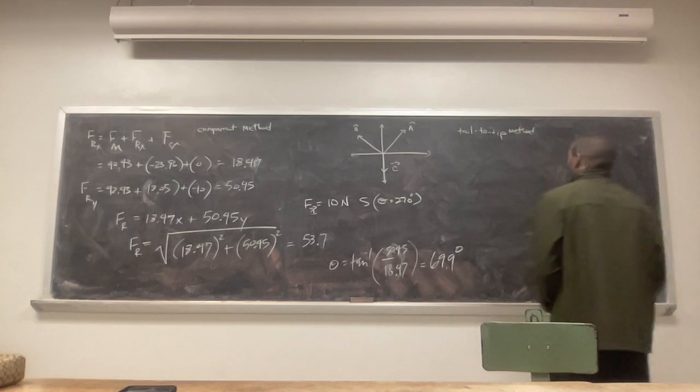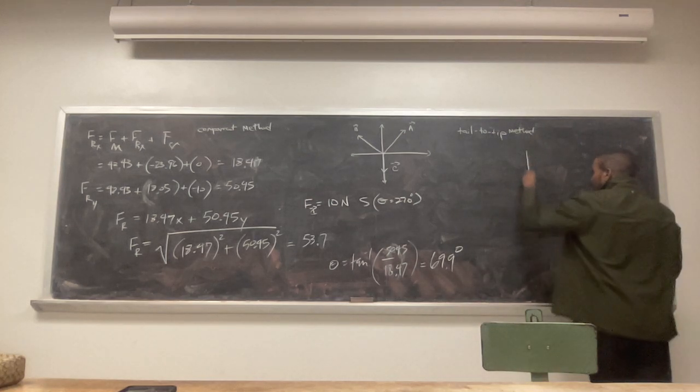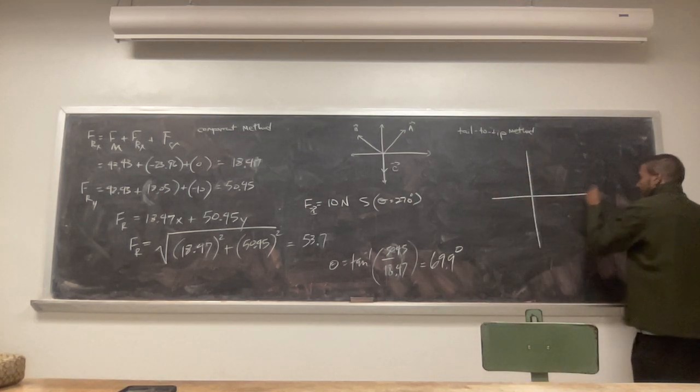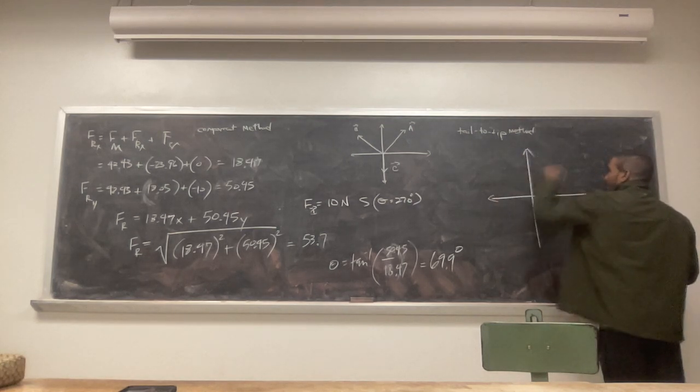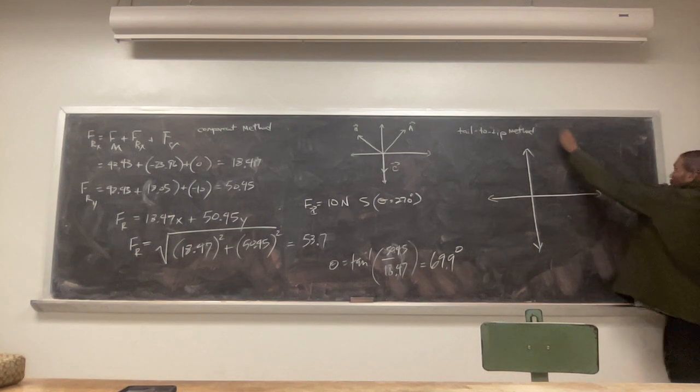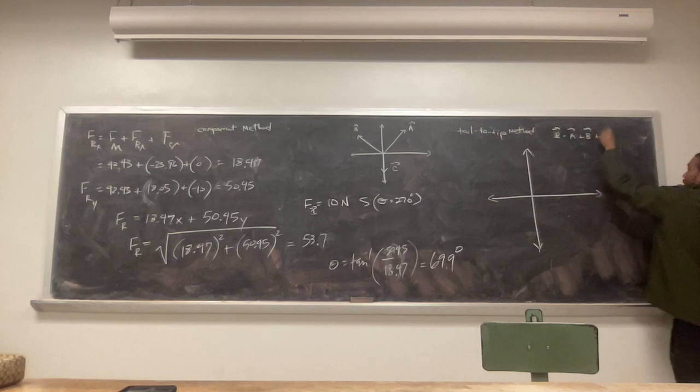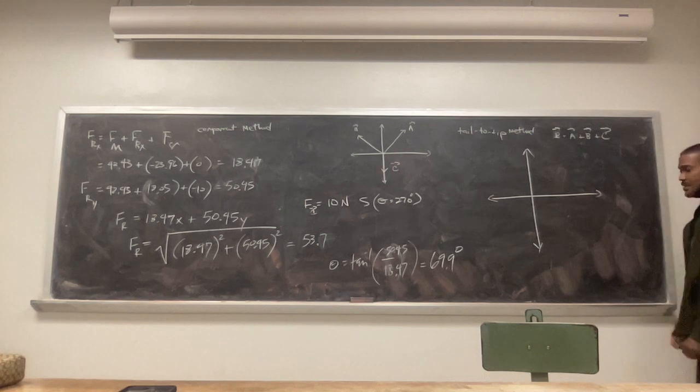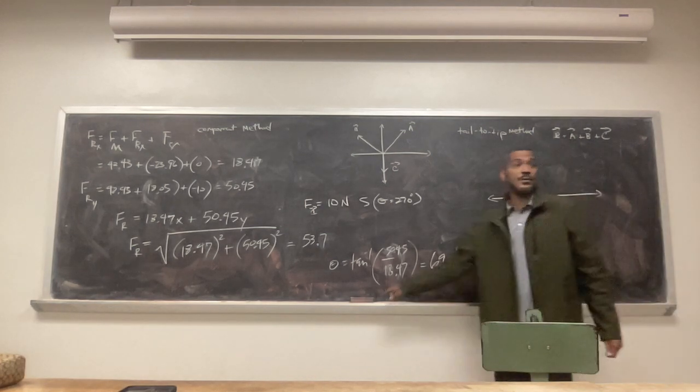So I'm going to redraw my coordinate system here. And we said our resultant vector, let's just call it R, is A plus B plus C.